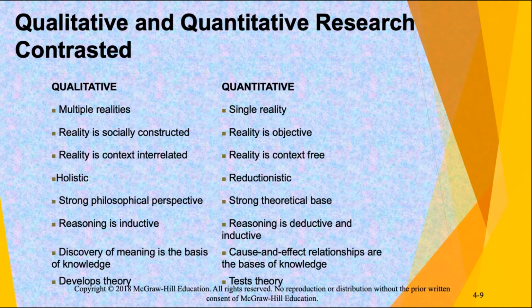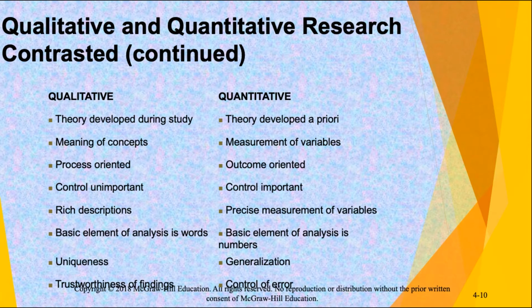In qualitative, mostly we develop theories, but in quantitative, we test these theories. In qualitative, theory is developed during the study, but in quantitative, theory is developed prior. Means that in quantitative, we already have the theory and we use it, but in qualitative, no. It is developed during the study, we develop it.